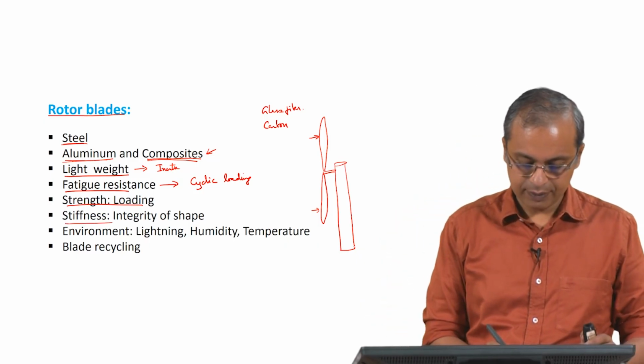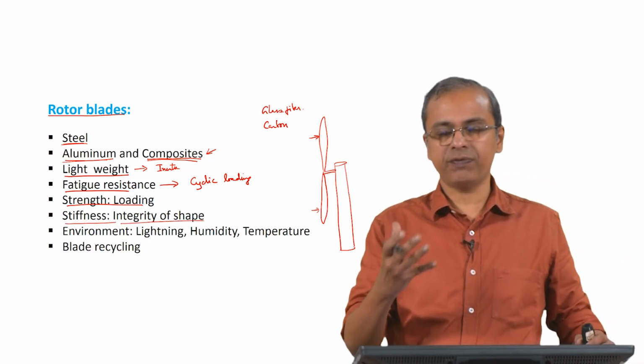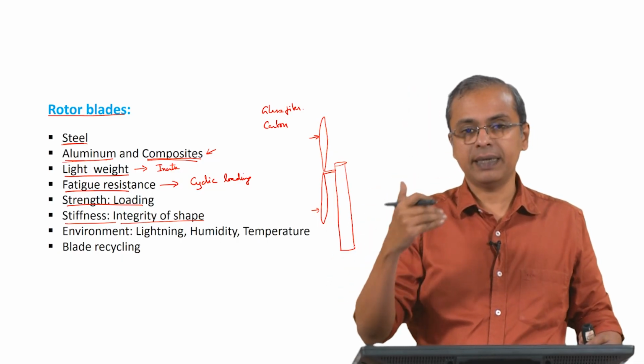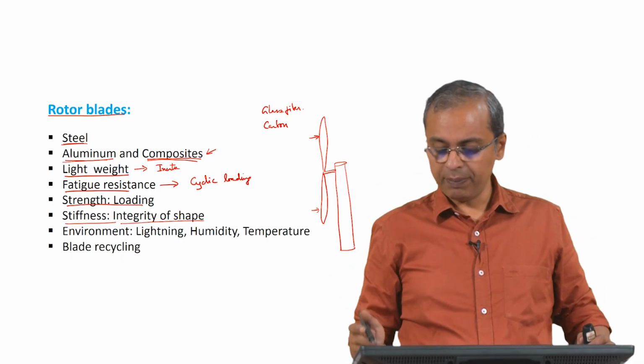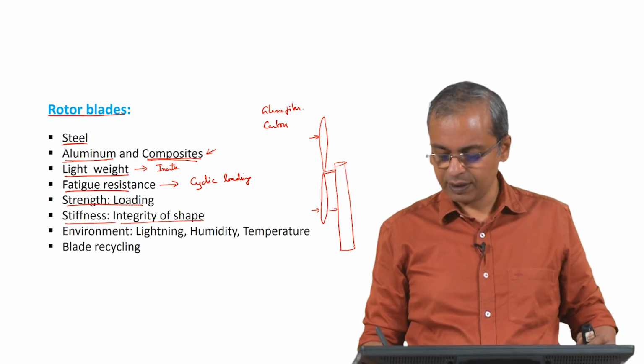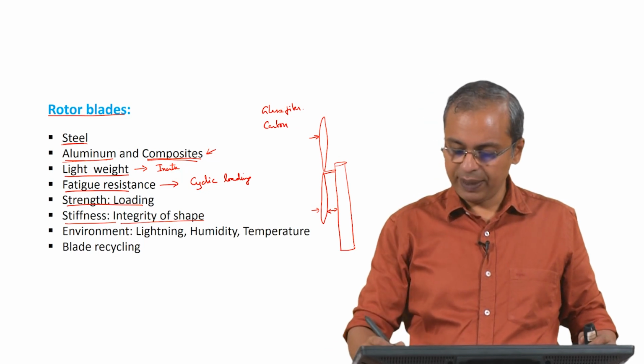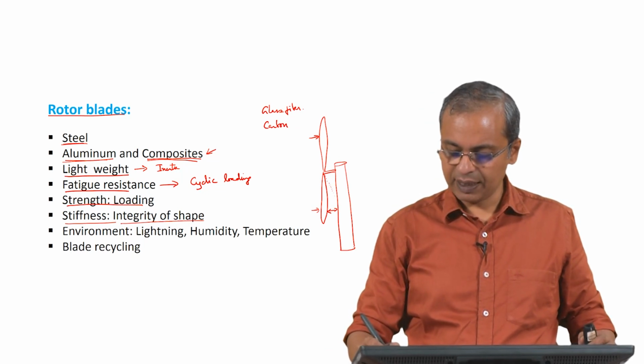Stiffness. This relates to the integrity of the shape. If the blade is not stiff, then it will flap around in strong winds, and you have to keep in mind that there is not much of a distance here between the tower and the blade. So, if the blade were to twist too much, it can even hit the tower.